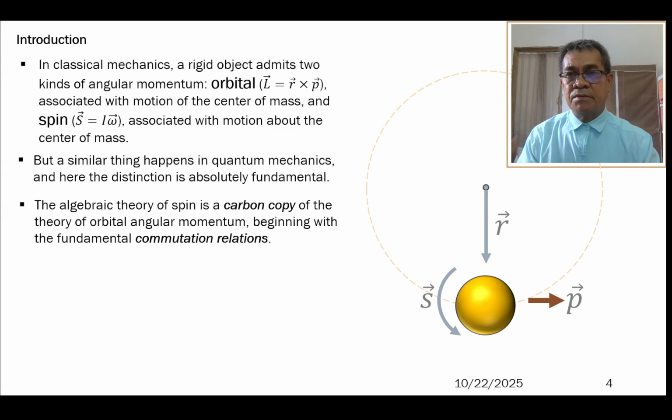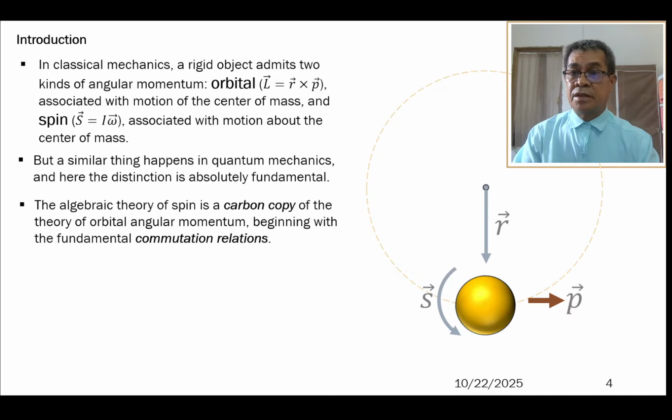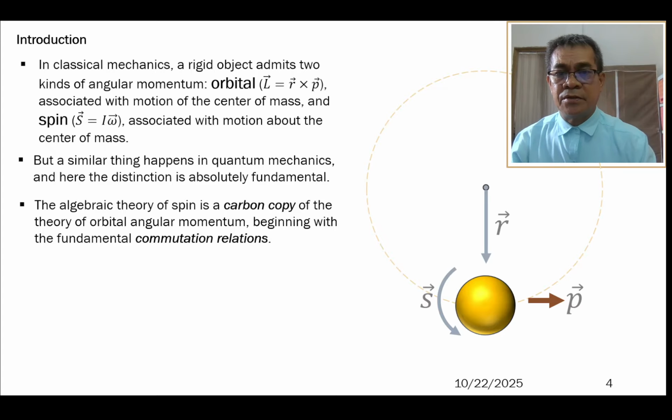Take note that previously we derived all the operators in orbital angular momentum, including its ladder operator. So in this topic, we will also do a carbon copy of what we did in orbital momentum.